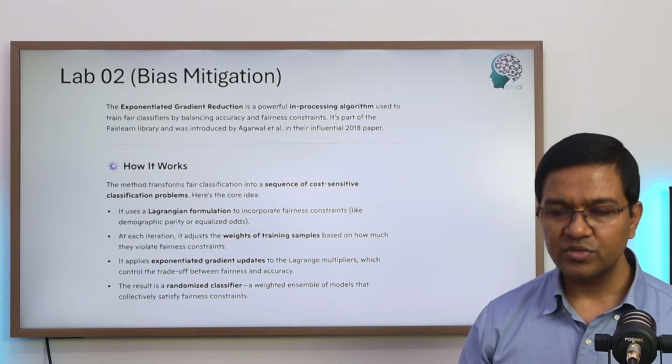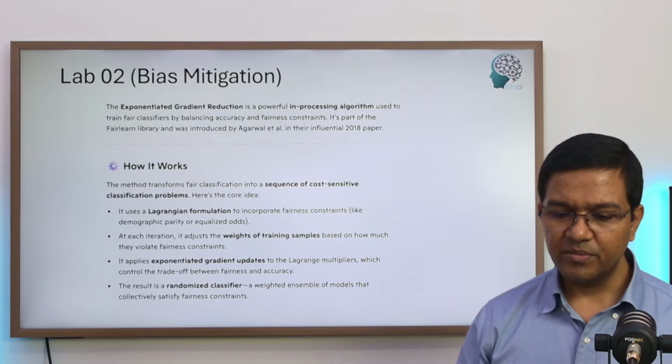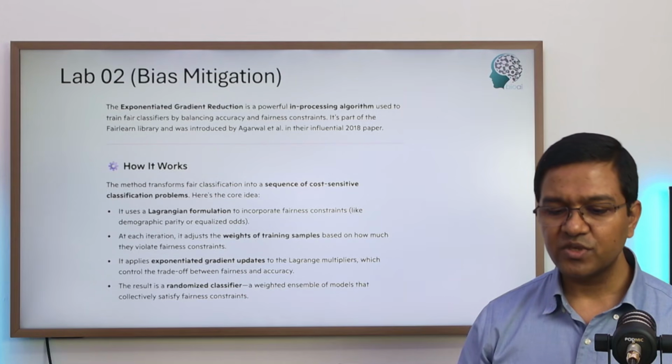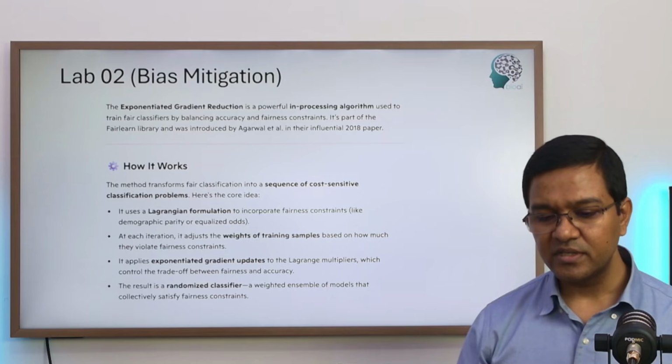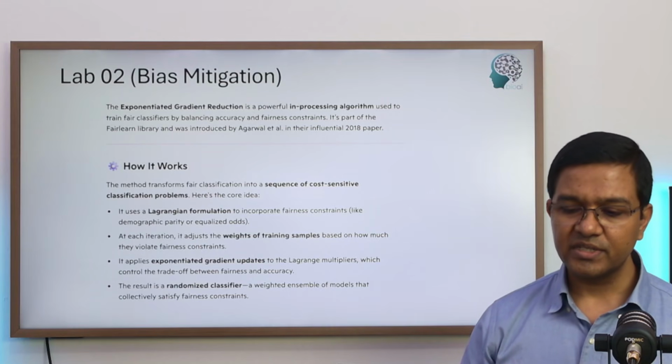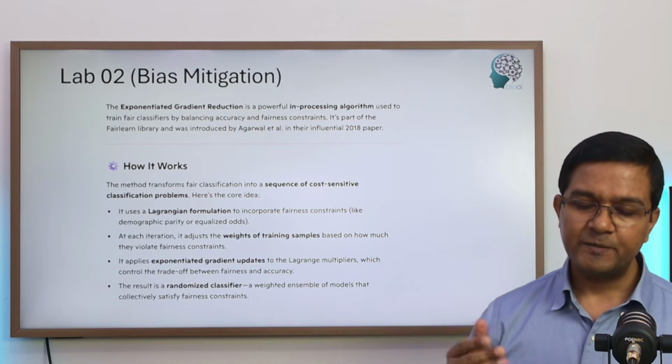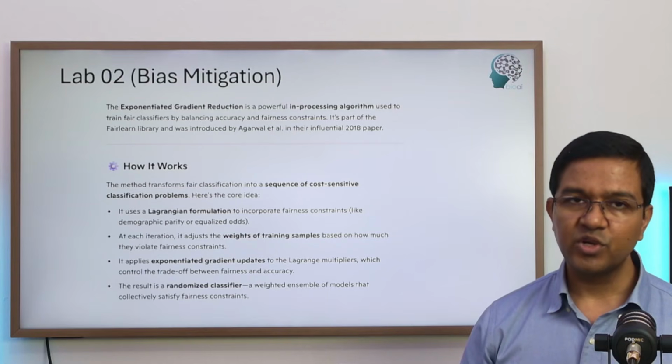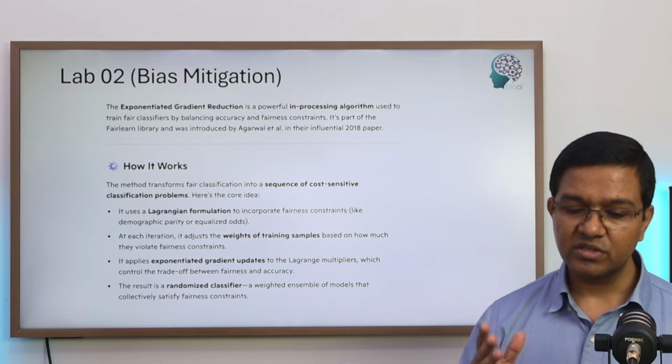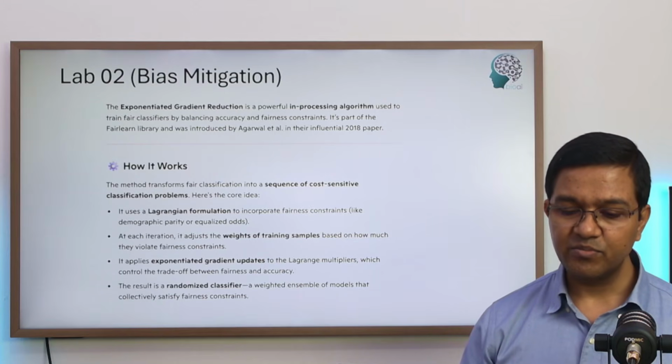This method transforms the fair classification into a sequence of cost-sensitive classification problems. It uses the Lagrangian formulation to incorporate a fairness constraint like demographic parity. We saw statistical parity. A constraint like demographic parity or equalized odds can be implemented.